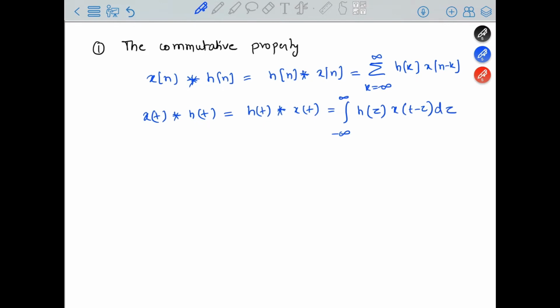How can we prove that this commutative property holds? There is a simple derivation. We just replace a variable r which equals n minus k. We'll take the discrete time case. We get x[n] convolve with h[n].